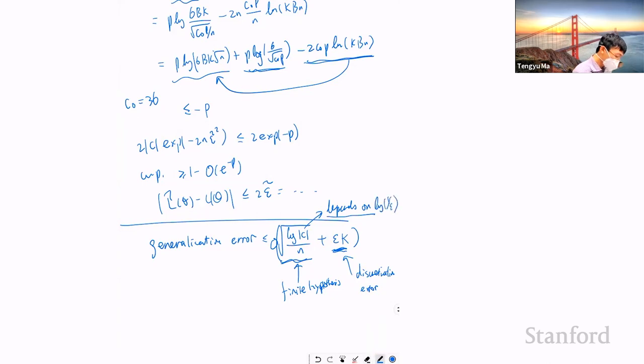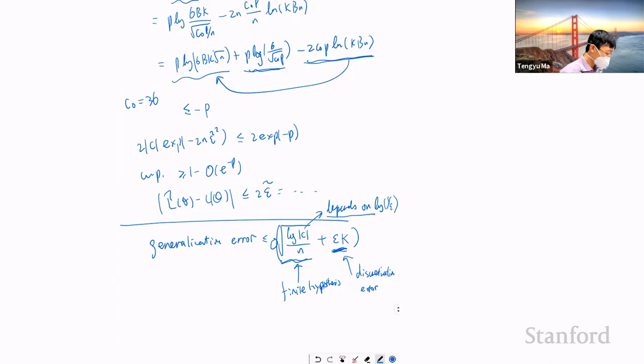So the smaller the epsilon is, the better the second term, but the worse the first term. But the first term increases very slowly as epsilon goes to 0. So you can pretty much ignore the second term, because you take epsilon to be very small so that the second term becomes negligible, and even for those small epsilon, the first term is still reasonably bounded. That's why you can make this trade-off really nice.